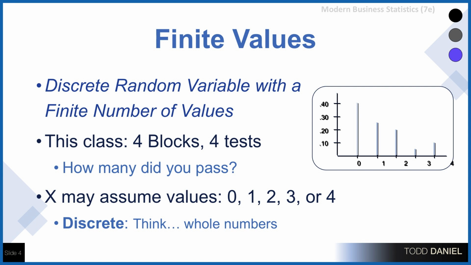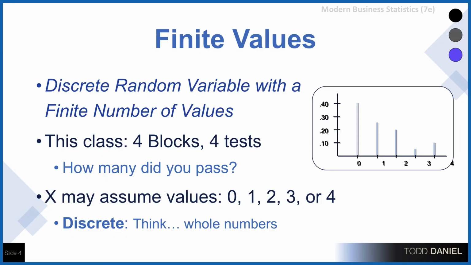Or how many did you get the grade that you were hoping to get? Or how many did you get at least a C? I could structure the question in multiple ways, but no matter how I structure that question, the answer options are always going to be the same. 0, 1, 2, 3, and 4. So when you think about a discrete variable, think of whole numbers. The numbers can only be whole numbers. You can't have passed 1.3 of the tests. You have to pass a value that is represented by whole numbers.